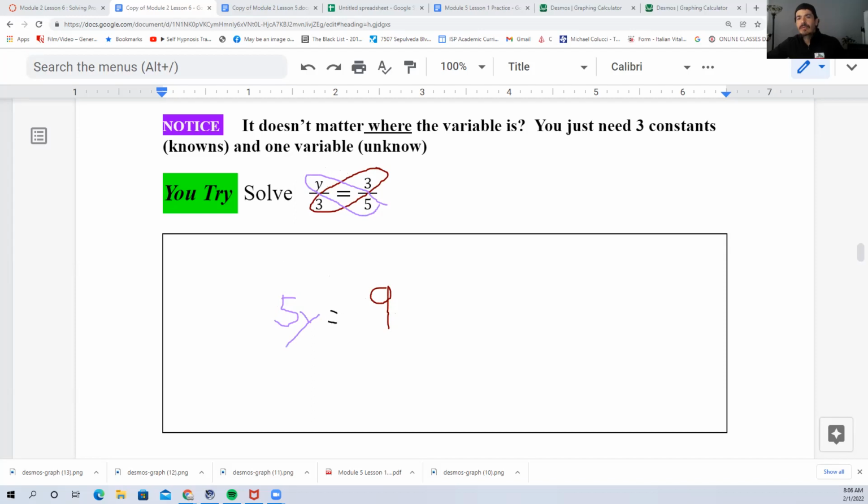I'm going to divide both sides by 5, or multiply by 1/5. They're the exact same operation. This becomes y, and 9/5 stays 9/5. We could call it 1.8 if we desired, but let's not call it 1 4/5. For my money, 9/5 is the preferred answer.